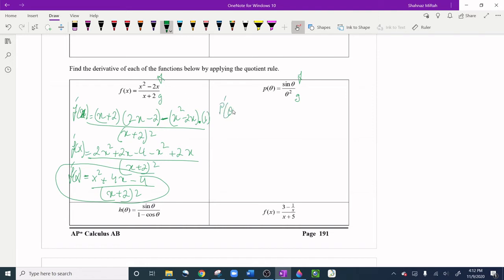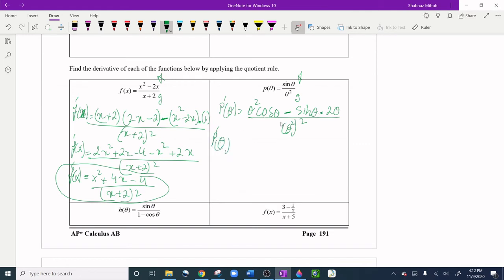P prime theta. This is f, that's g. So keep the g as it is. The derivative of f is cosine theta, minus, keep the f as it is, sine theta, times the derivative of g, which is 2 theta, over theta squared, whole squared. So now let's do p prime theta again.